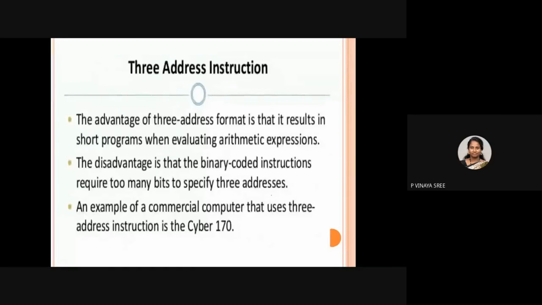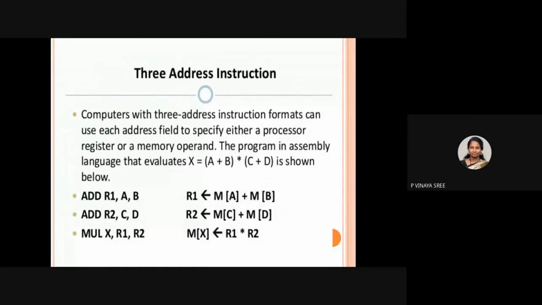So what is this expression? X equals A plus B into C plus D. Let me write this expression here: X equals A plus B into C plus D. I want to do this using the three address instruction format.